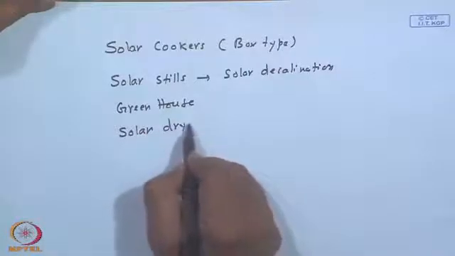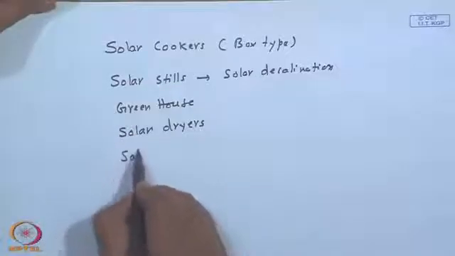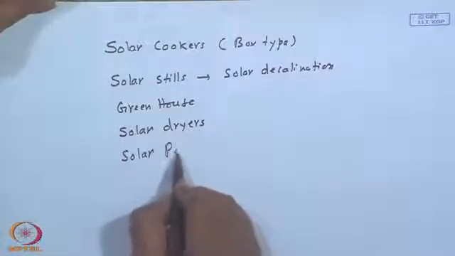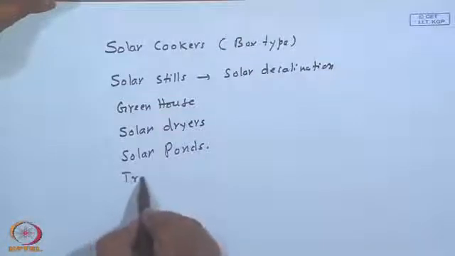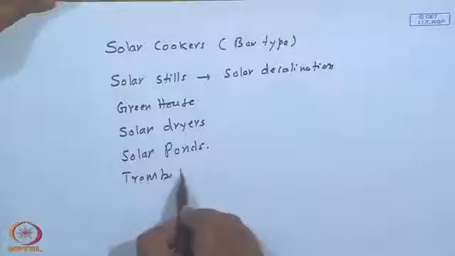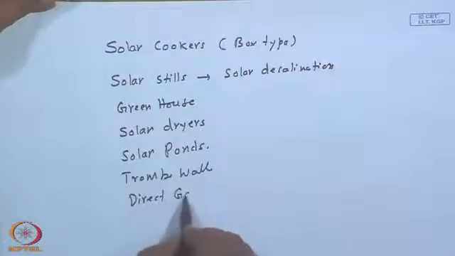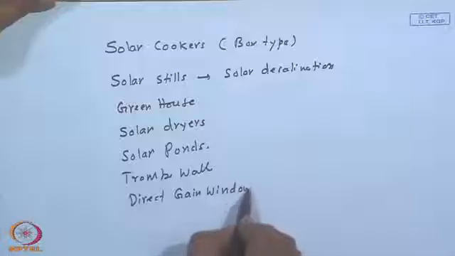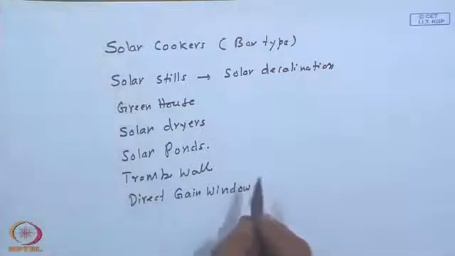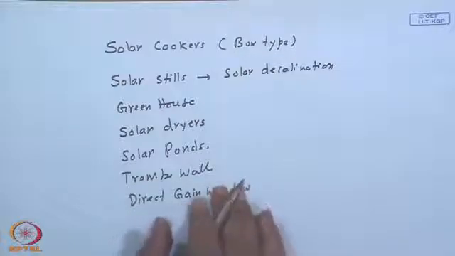They can be active, they can be passive, and then solar ponds. Trombe wall. And a direct gain window. These sound like highly technical names, but once we explain, these are simple devices.